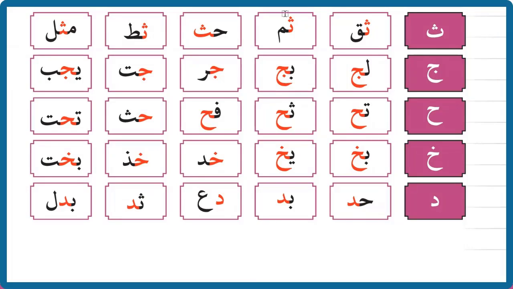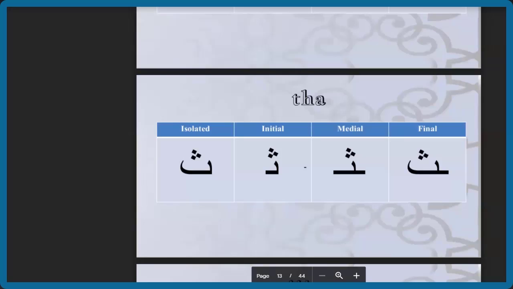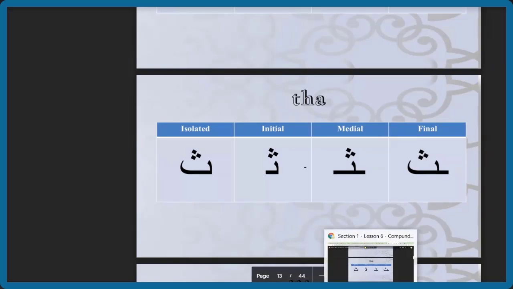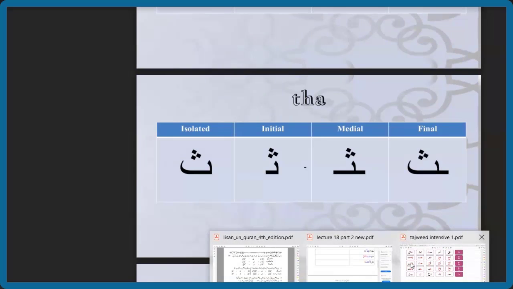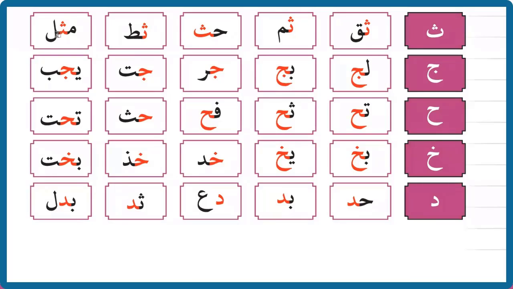Okay, so this is the tha. And we can again see that this is the initial form of tha, right? As we have discussed here, you can say the final form of tha, right? And this is the medial. So here, this is the medial form. Tha is in between two letters, meme and lam.